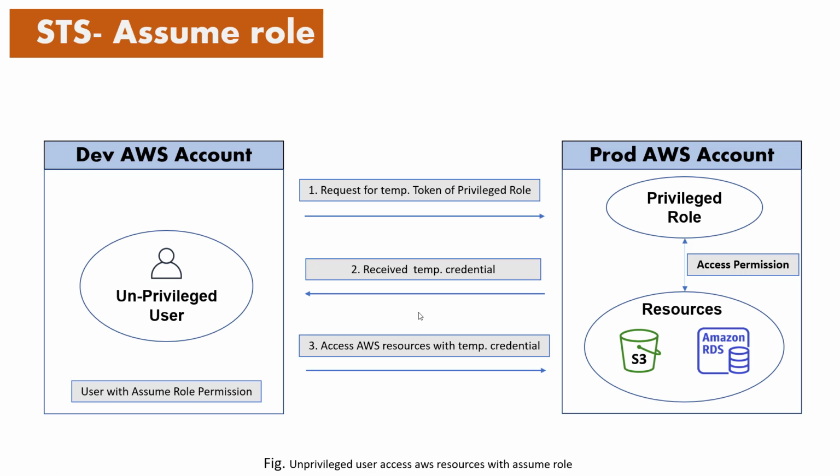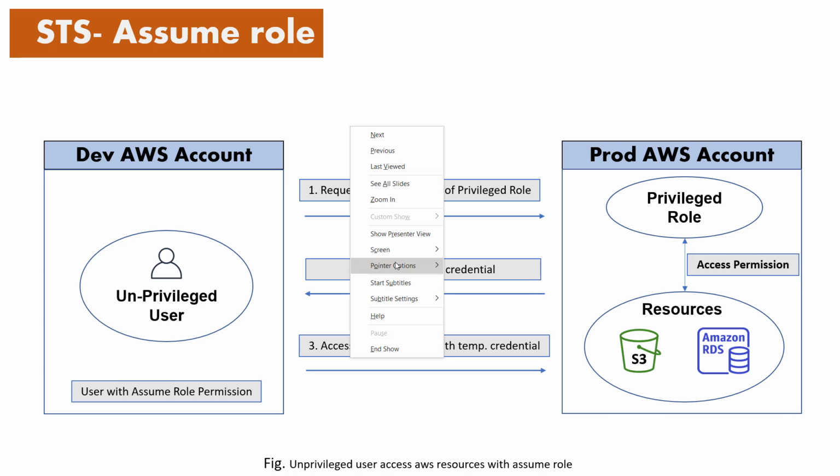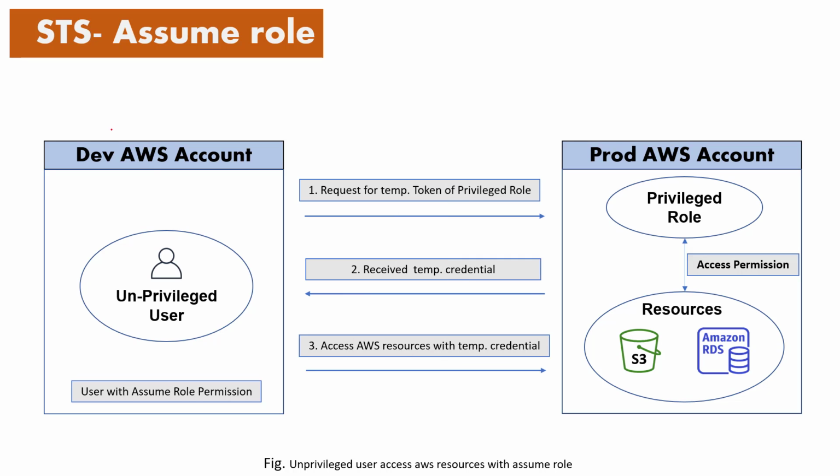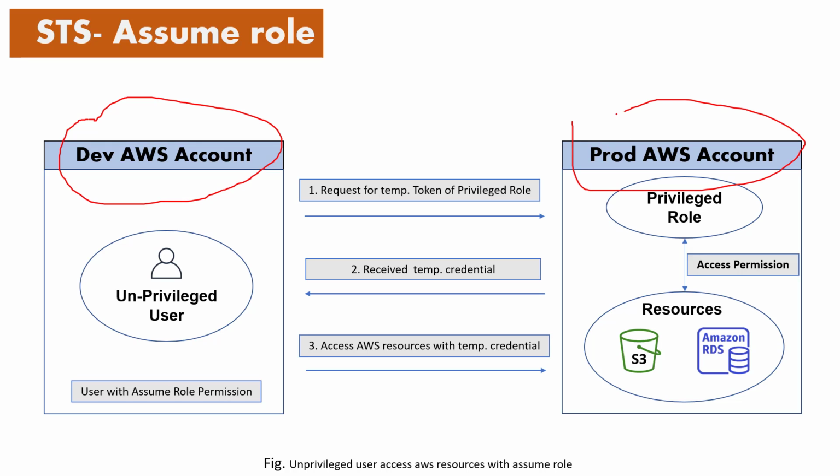Let's discuss a very simple example. It's really important. There is one scenario called assume role. In this diagram, you can see we have a development AWS account and a production AWS account.